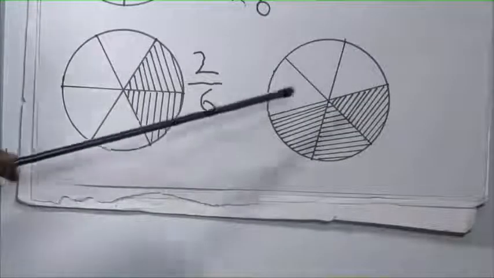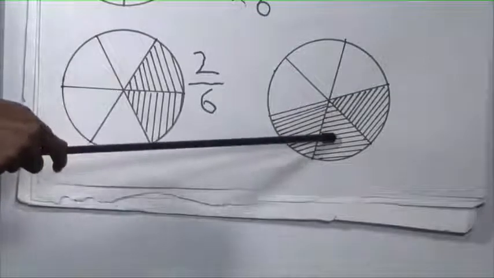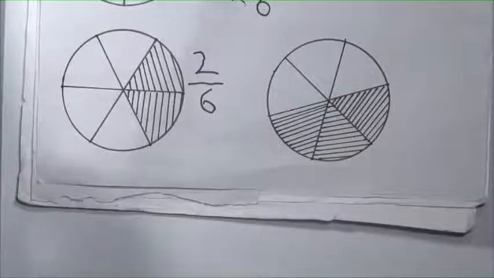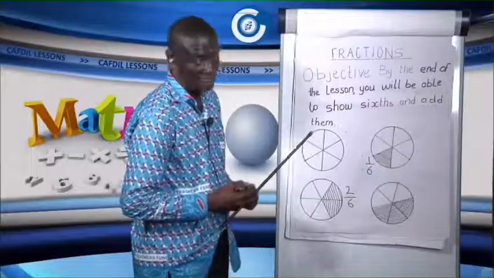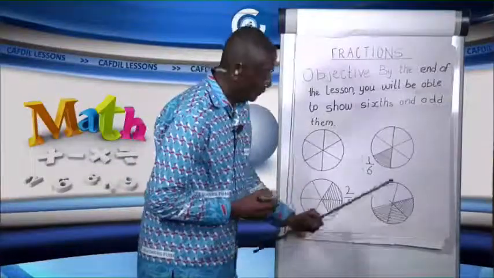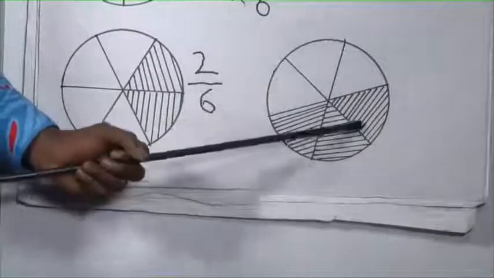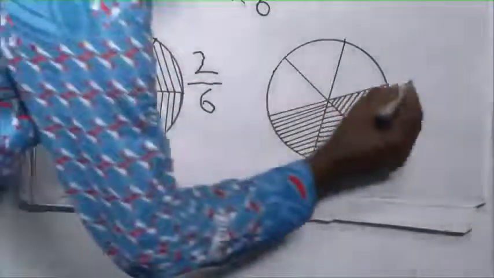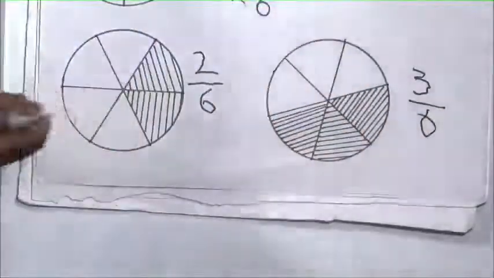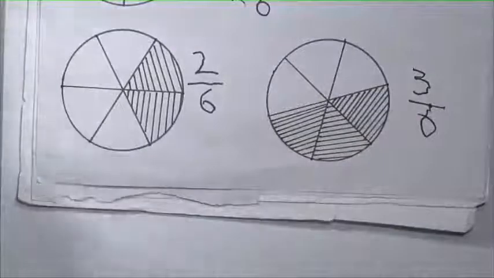Let us count. 1, 2, 3. So what fraction or what part of this circle has been shaded? 1, 2, 3. So that is 3/6. Say it again. 3/6.